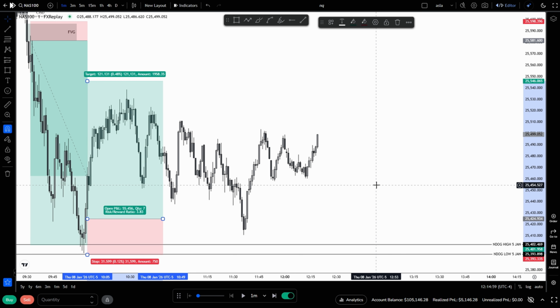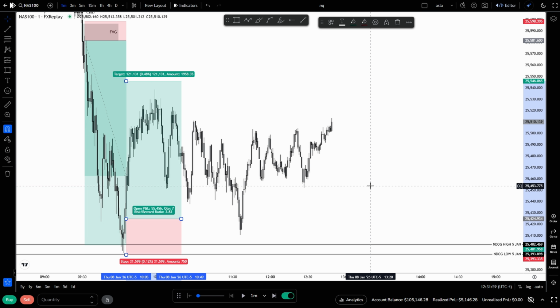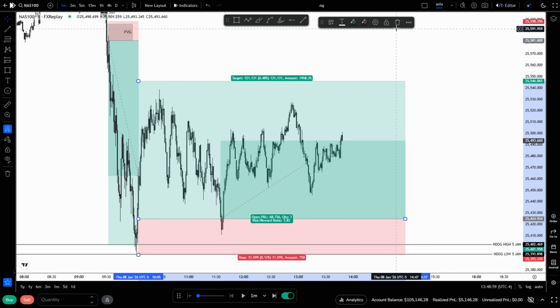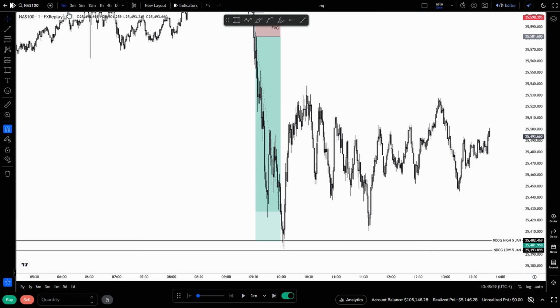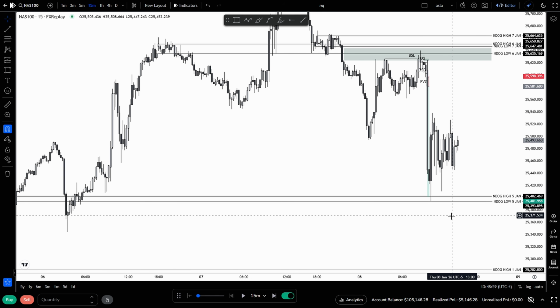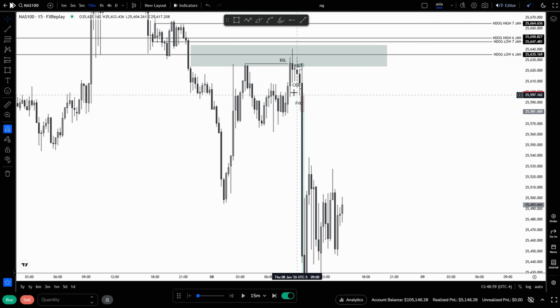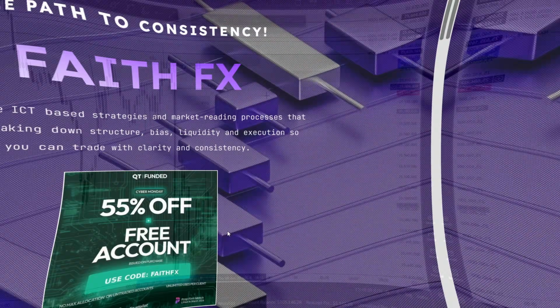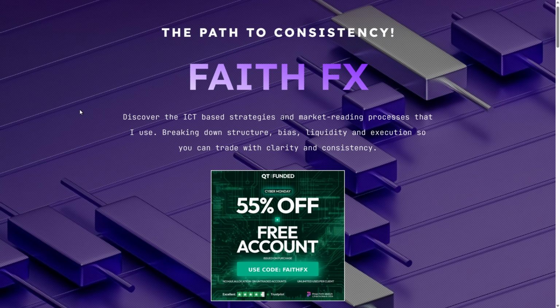By combining the distribution of multiple gaps to determine bias with precise entry techniques, such as fair value gaps and changes in delivery, traders can create a highly structured and reliable approach. This concept simplifies bias identification and allows you to trade in alignment with the natural draw of liquidity in the market. And that's how you use the new day opening gap, not just to mark levels, but to build a complete trading model, from bias all the way to execution.